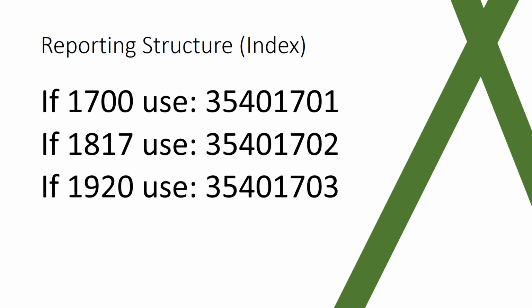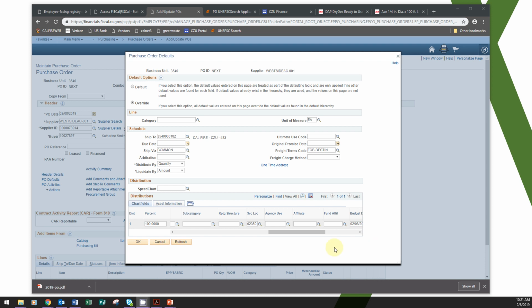You can see they start with 3540, which is CAL FIRE's number, and end with our good old 1700, but with a 2 if you're in the forest, 3 if you're in the camp, and 1 if you're neither. I enter 35401701, because this is not a camp or forest purchase.